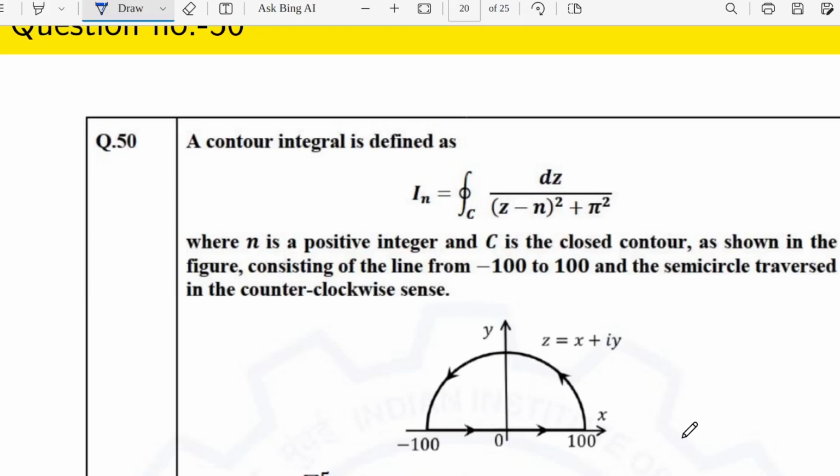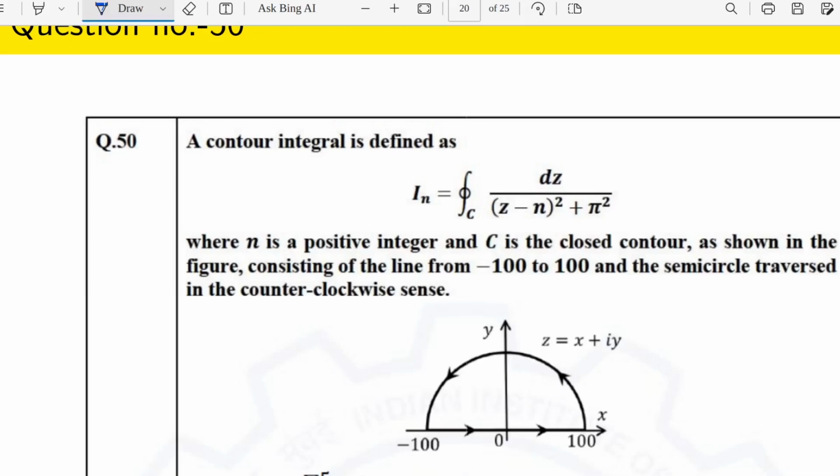You can see the picture here: on the x-axis it goes from minus 100 to 100, and on the y-axis it comes as a counterclockwise semicircle, and it is already mentioned that z is x plus iy. The value of the summation over n equals 1 to 5 of I n is what? So this is the question.